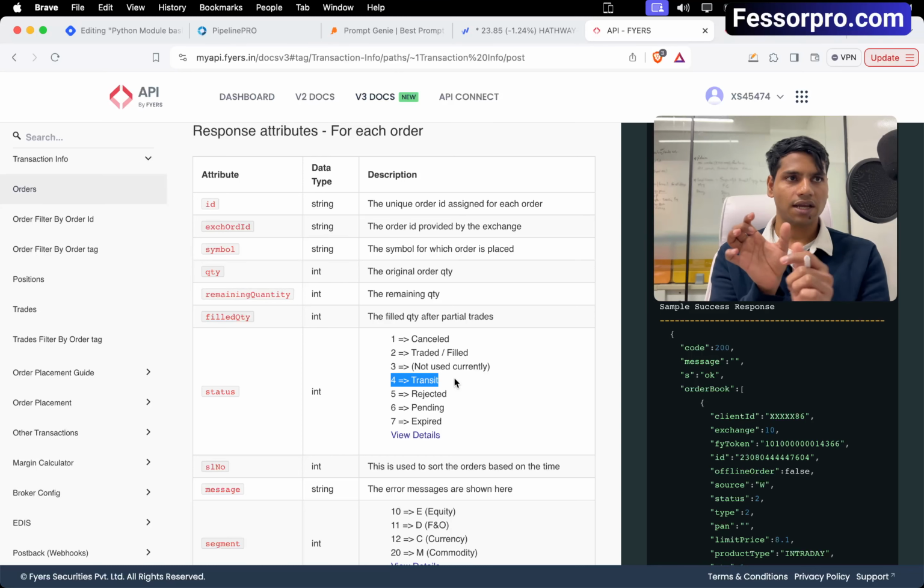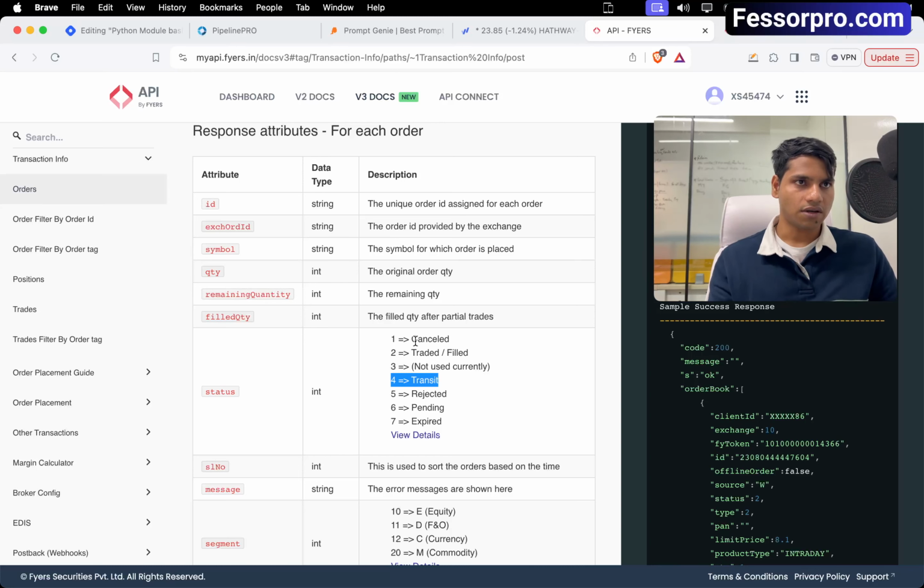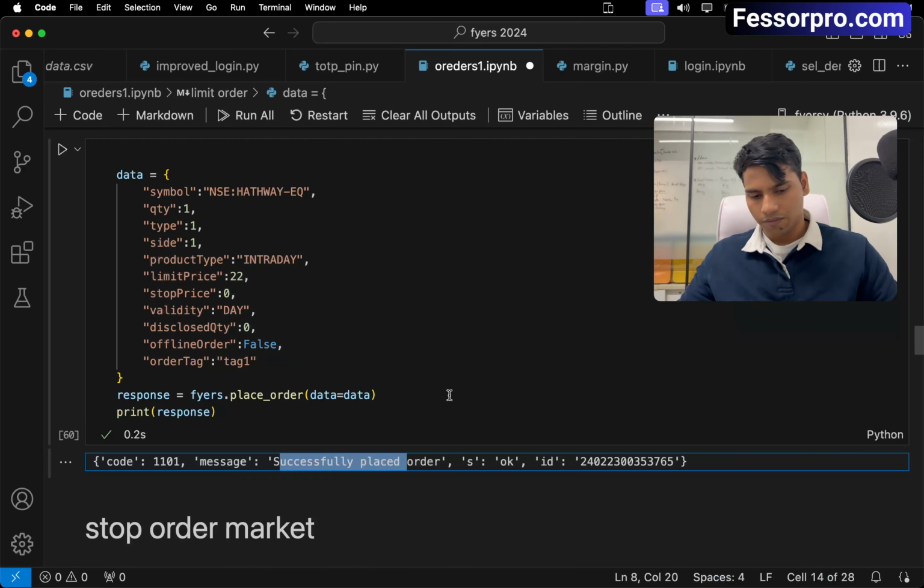Now after pending, if your order gets filled, it means you got a good price for the stock and your order was filled. So from pending, it will be converted to filled. Okay. Now if it is not filled, it means it can be cancelled, right? So if you cancel that order, your order will change to cancel. And if the order got rejected for some reason, it will show rejected. Okay, so let me show you here.